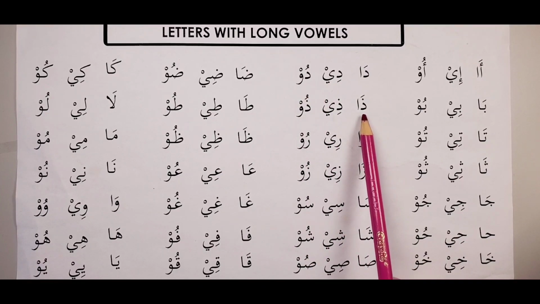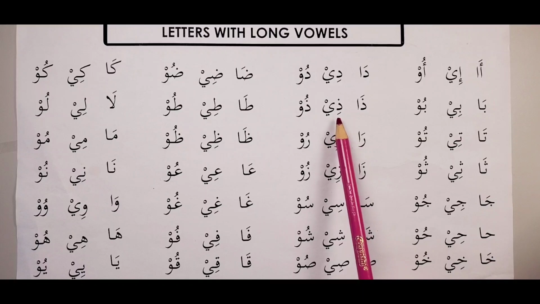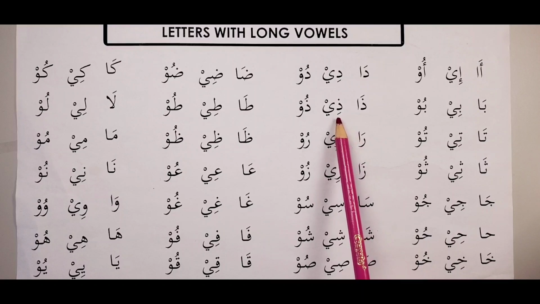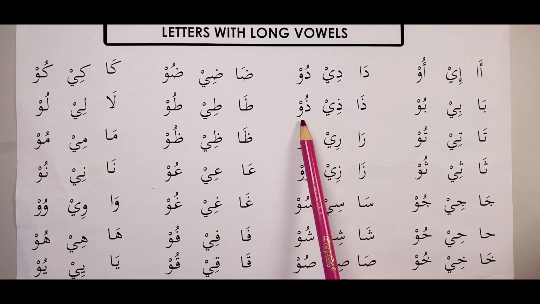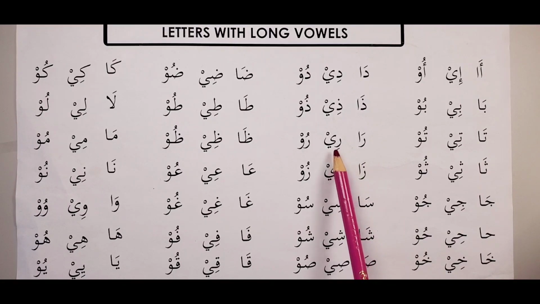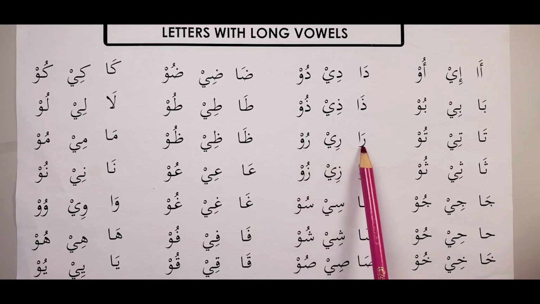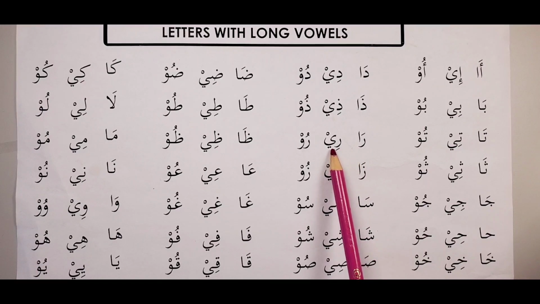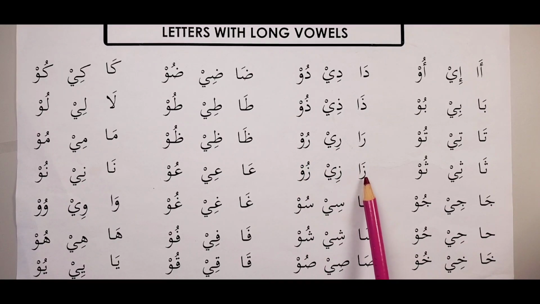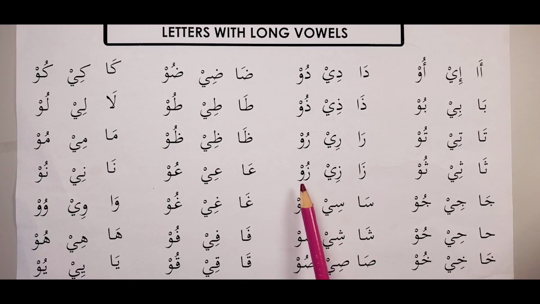And we have Dha, Dhi, Dhu. Then we have Ra, Ri, Ru. Then we have Za, Zi, Zu.